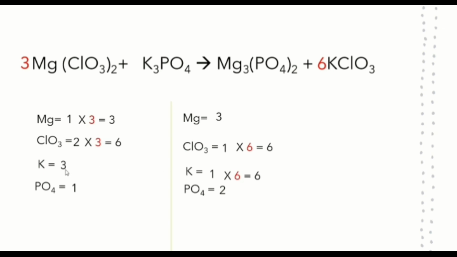So, it means that we need to adjust this reactant side, reactant B. So, we will place a coefficient 2. And when you place coefficient 2 on that part, it means that you will multiply potassium and phosphate by 2, since it is considered as a compound here. So, 3 times 2 is 6 for potassium, balanced already. And for phosphate, 2 for the phosphate polyatomic ion. So, the equation is already balanced.